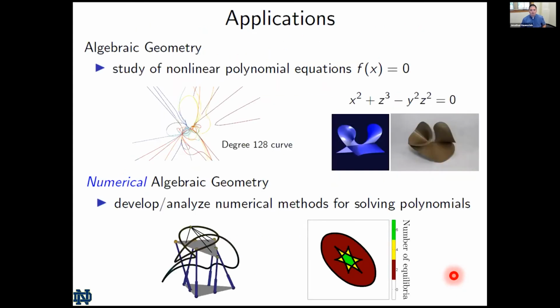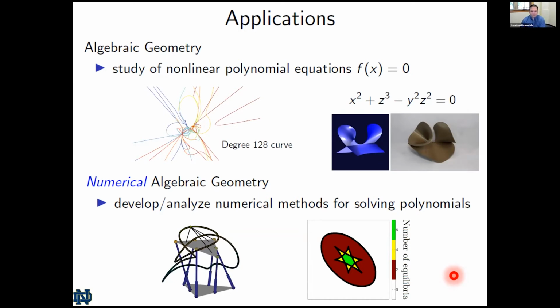Okay, so from a very basic mathematical perspective, algebraic geometry is the study of solutions to nonlinear polynomial equations. So we have some system of equations f of x equal to 0, and now we want to study those solutions. You can get very complicated curves and surfaces and higher dimensional solution sets.